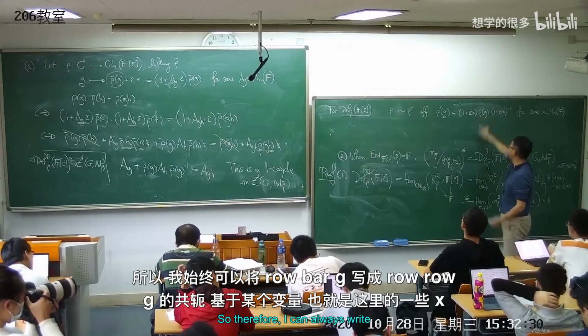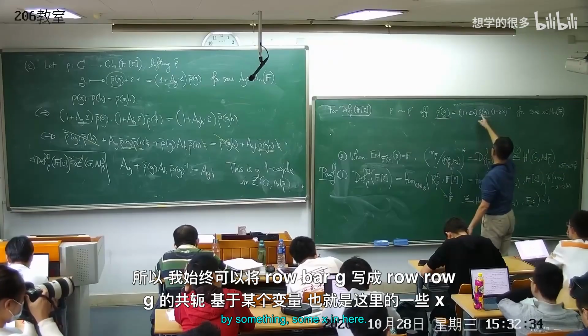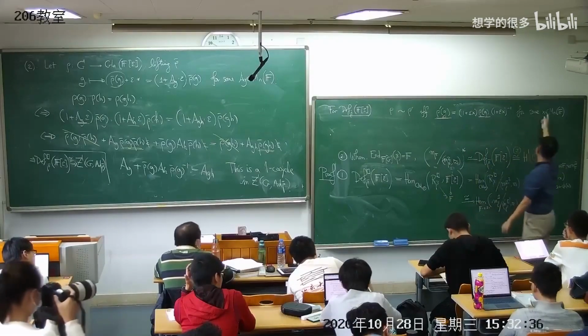Therefore, I can always write rho bar G as a conjugate of rho G by some x in here.